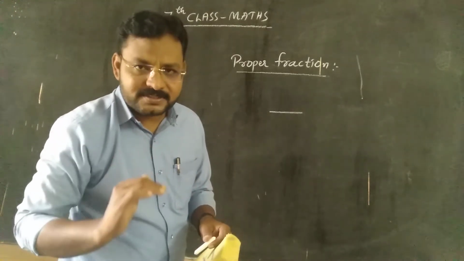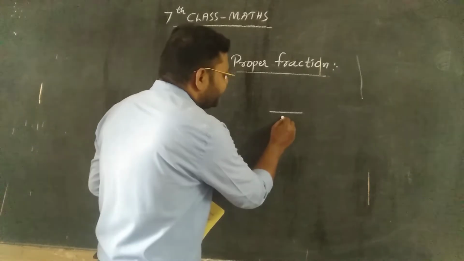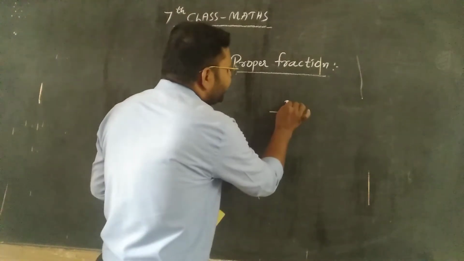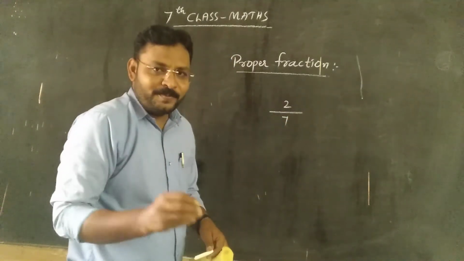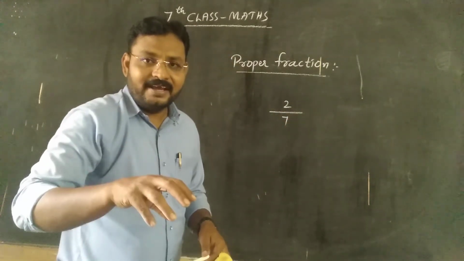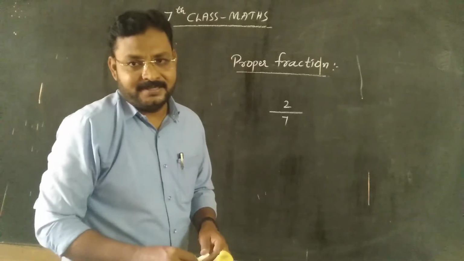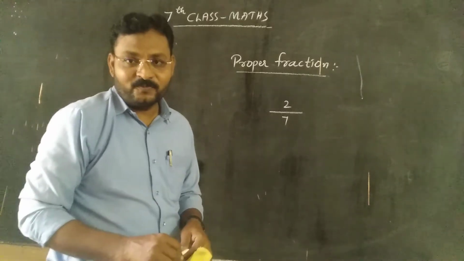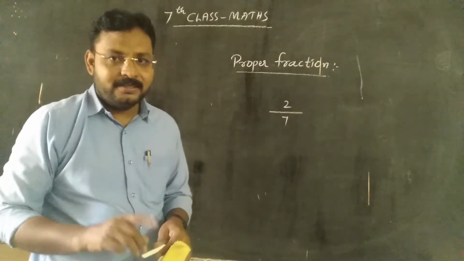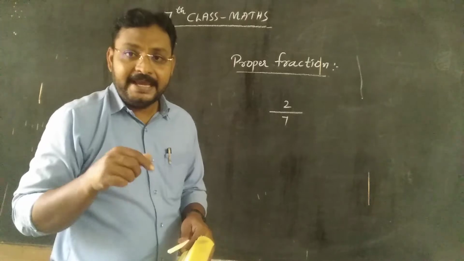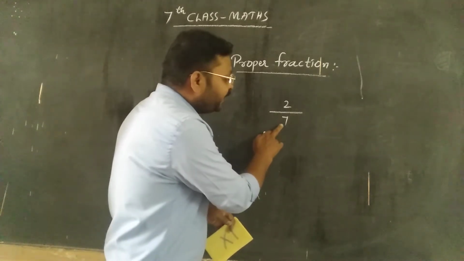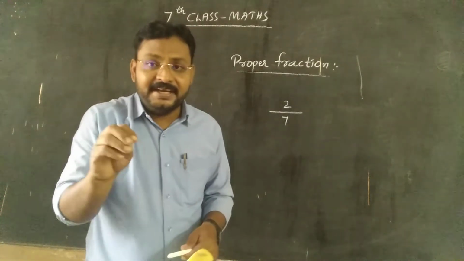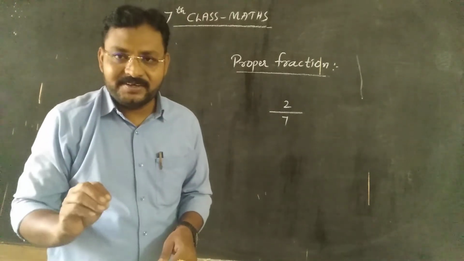Below the cross line. The denominator is greater than the numerator. Such a fraction is called proper fraction. Once again, a fraction in which the denominator is greater than the numerator, then it is called proper fraction.